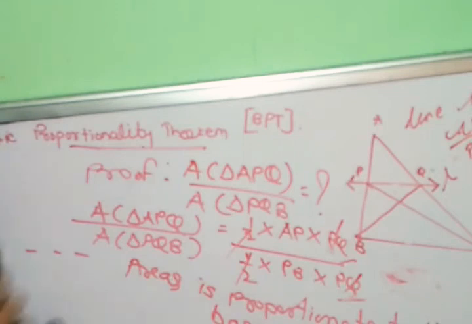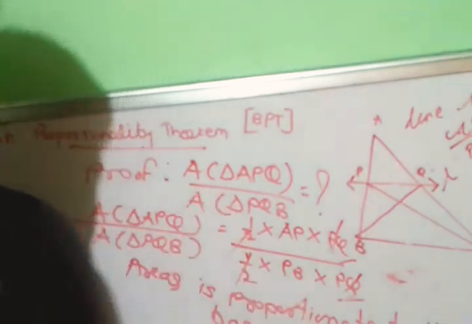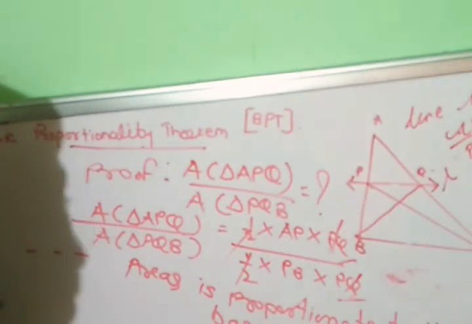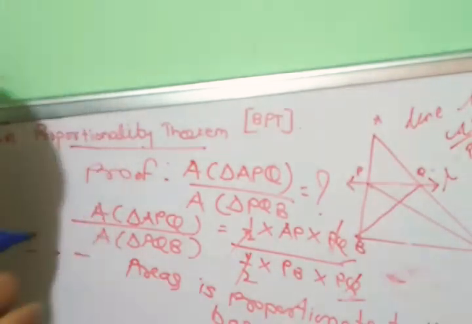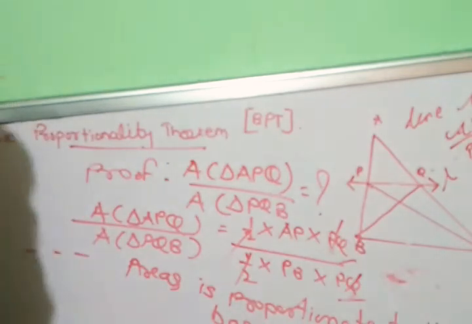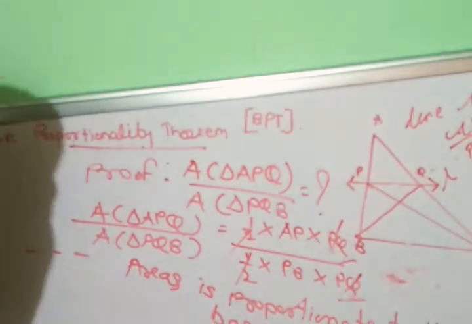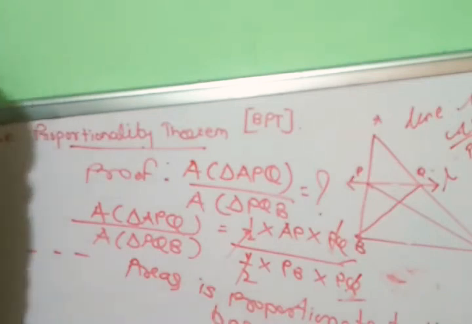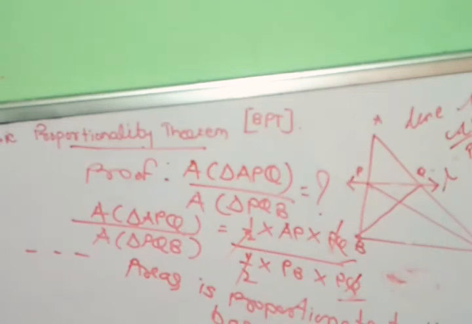If the heights are not equal and the bases are equal, the areas are proportionate to the heights. But in this case, the bases are not equal and the heights are equal, so the heights cancel and the areas are proportionate to the bases, according to the theorem and conditions. Okay, so this is the second step.